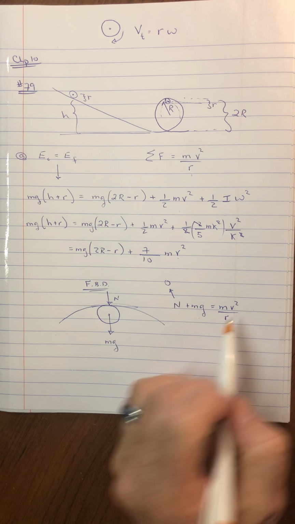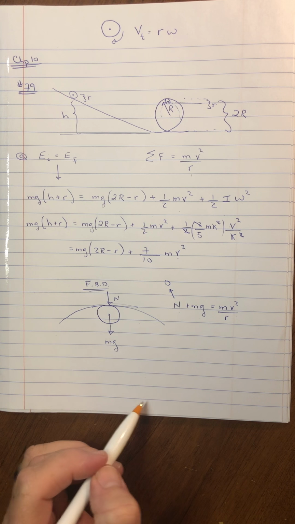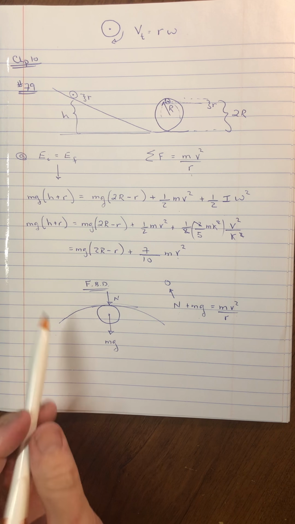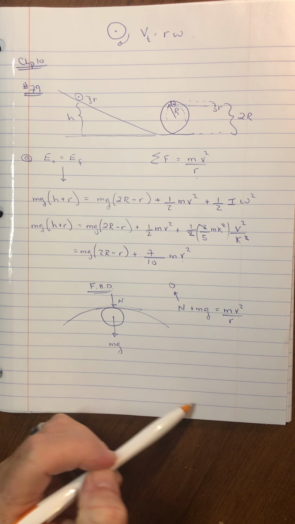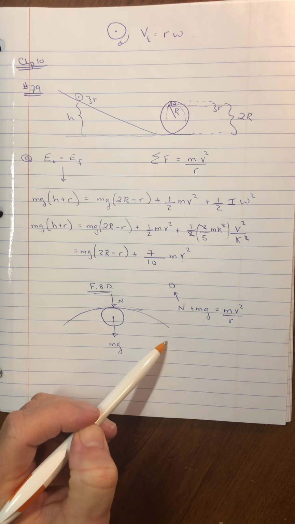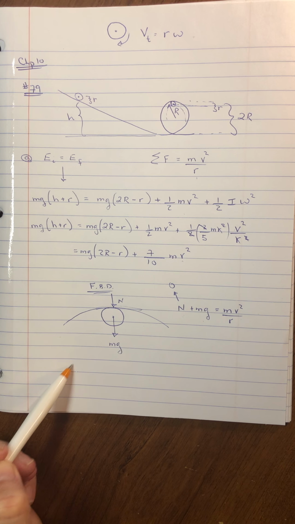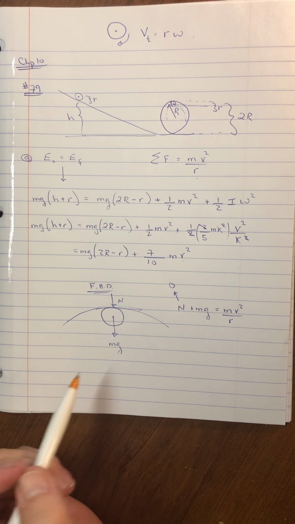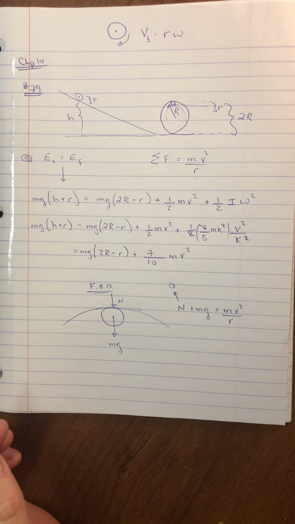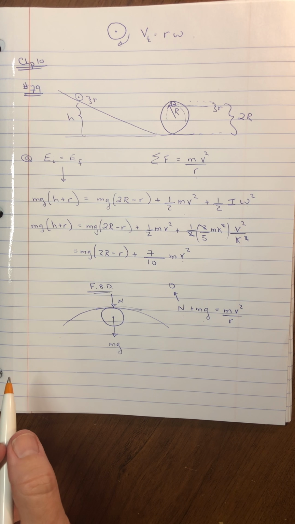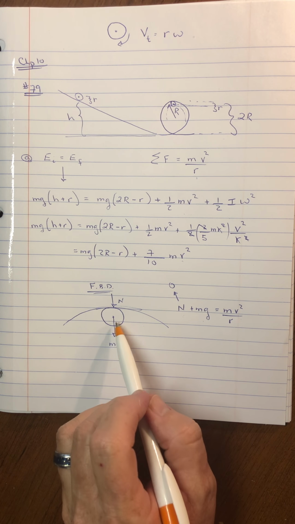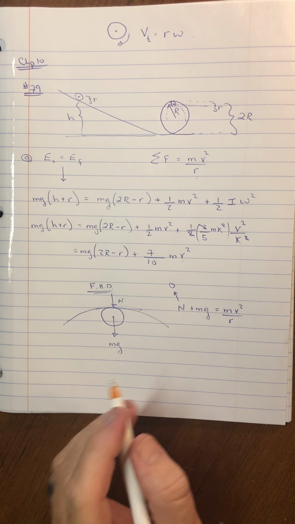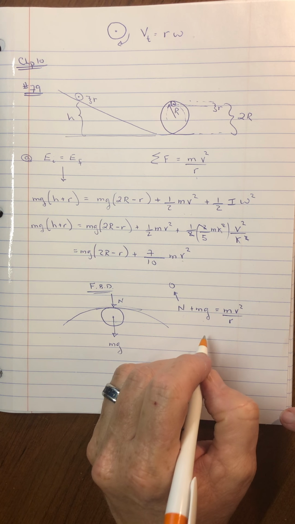Notice they're not saying the speed is 0. Because if you went too slow, if in other words H was too small, this would come up the loop and maybe get here and then kind of fall off and fall away and never actually get to the top and never make it around here. So that's kind of the key here is to make sure we don't set velocity equal to 0 at the top here, but we set the normal force equal to 0.